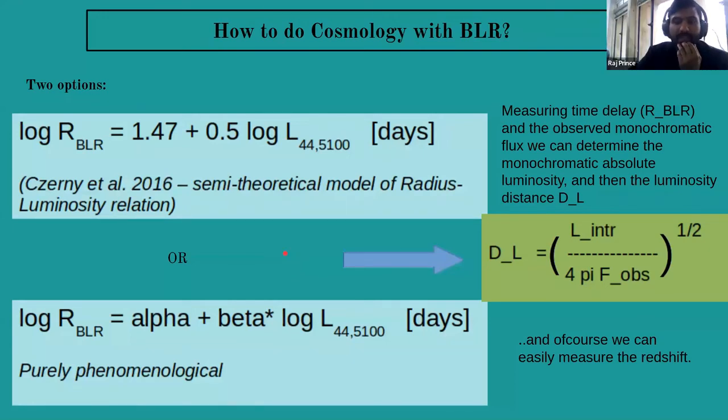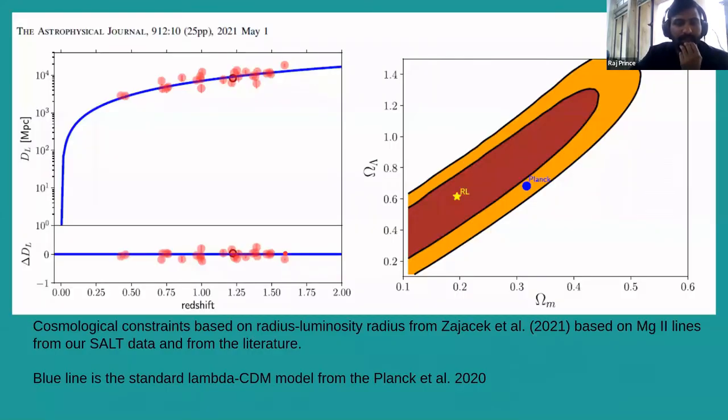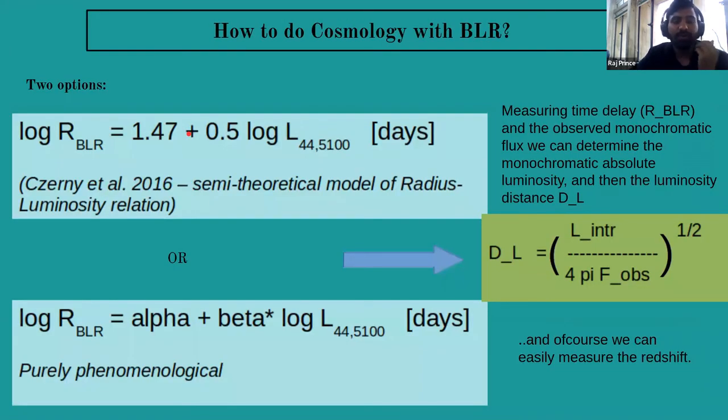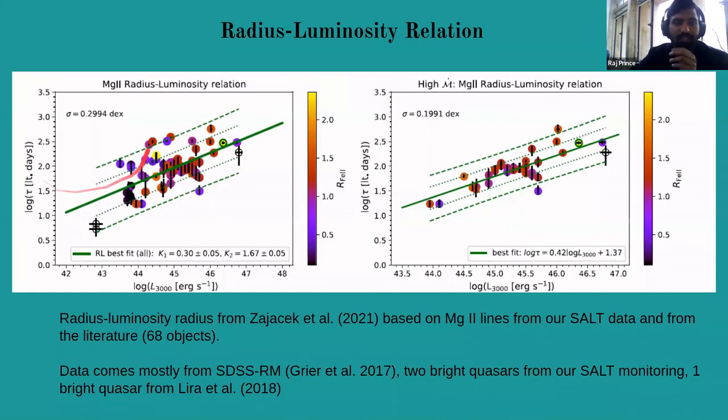Yes. Here we do not have the redshift information shown, but this is for low redshift, because if you go to higher redshift we do not have good enough data to measure the time delay. So all the sources shown here are low redshift sources. Right, you are right.